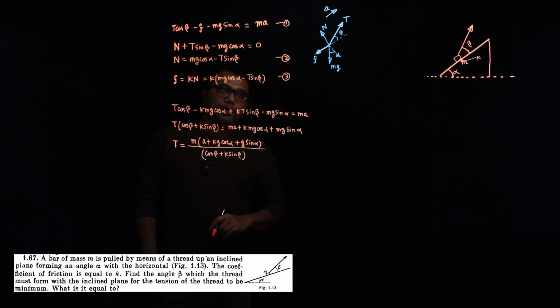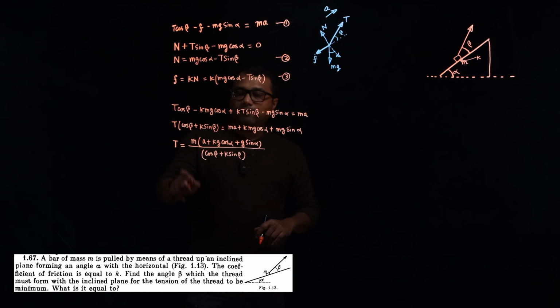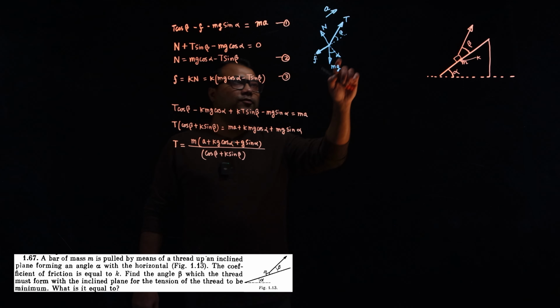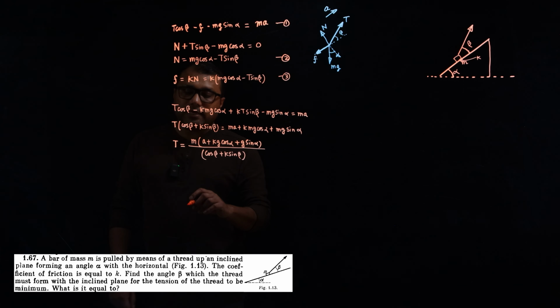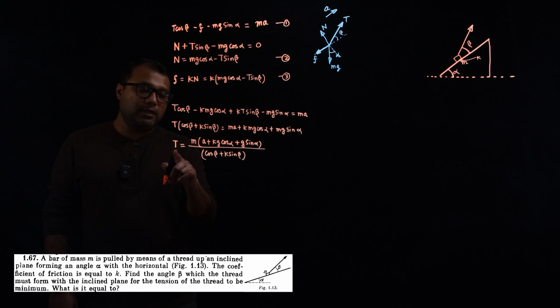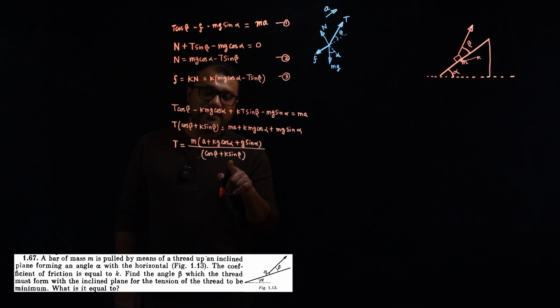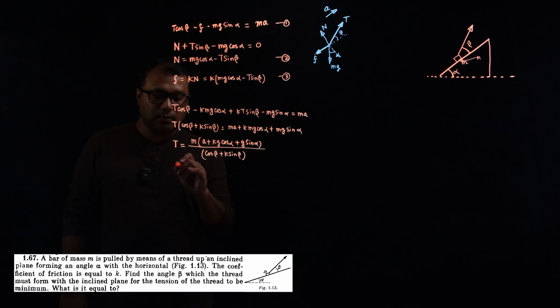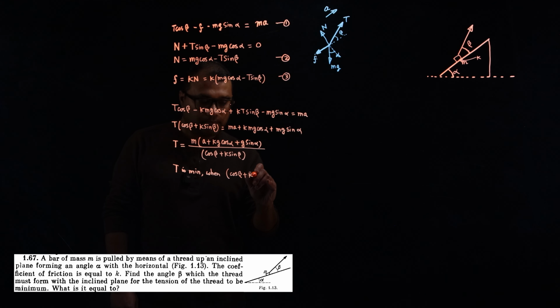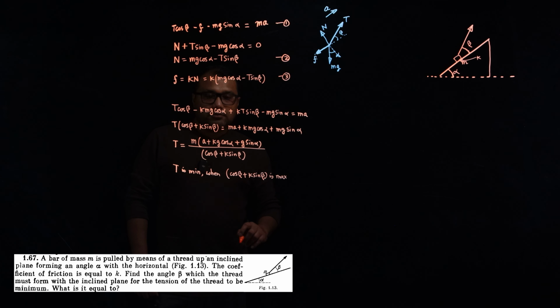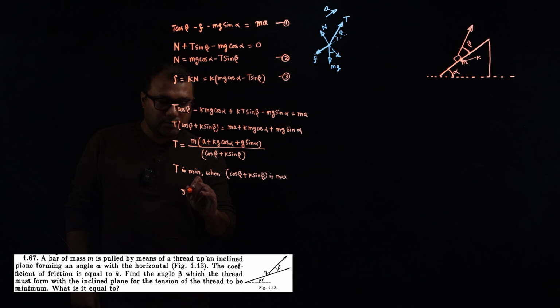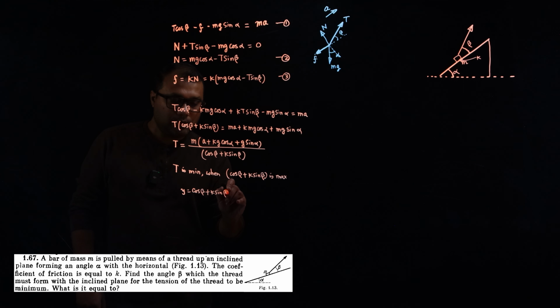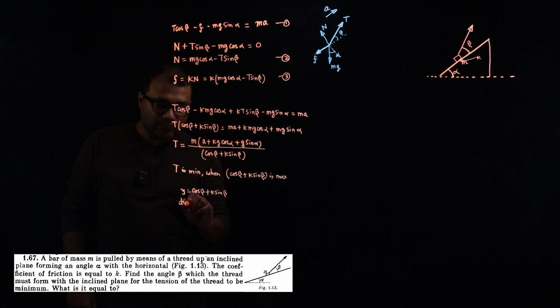Okay. Now question is, when will T be minimum, for what value of beta? T will be minimum when cos beta plus k sine beta, the denominator, is maximum. So if I consider, let's say, y is cos beta plus k sine beta, y is maximum when dy/d beta is 0.